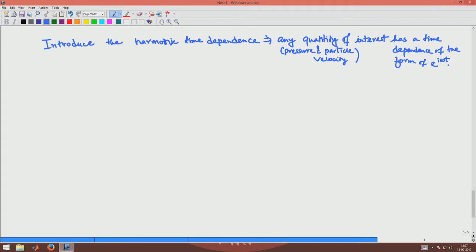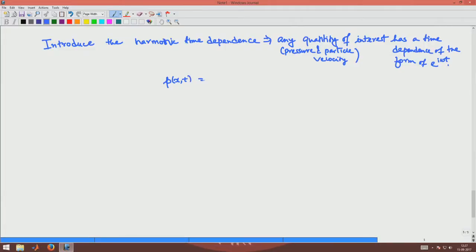In plane wave theory, we assumed that the pressure does not have an arbitrary time dependence, but has a harmonic time dependence, and that essentially meant that the pressure for a plane wave, p of x comma t, is given as p of x times e to the power i omega t.